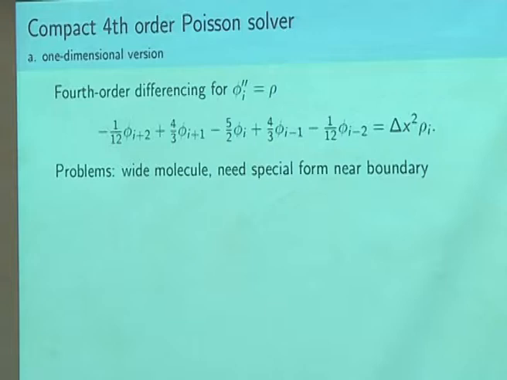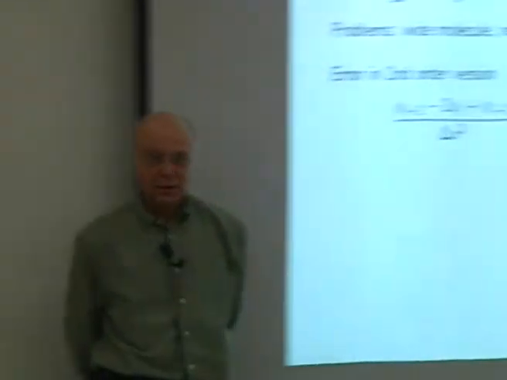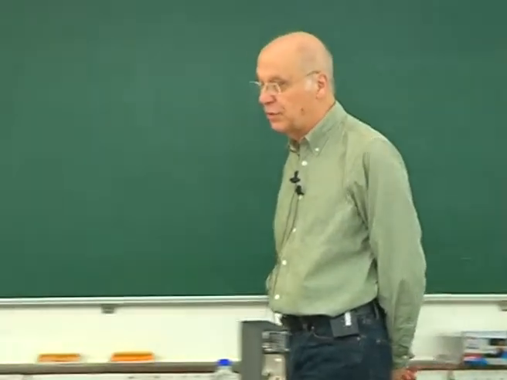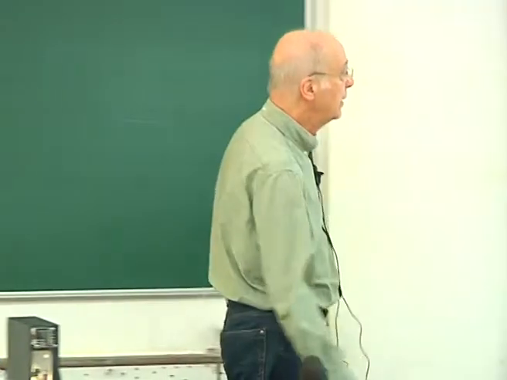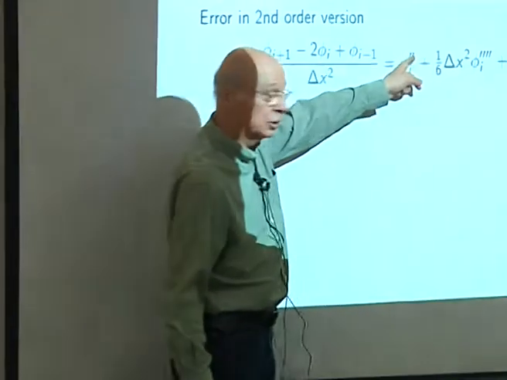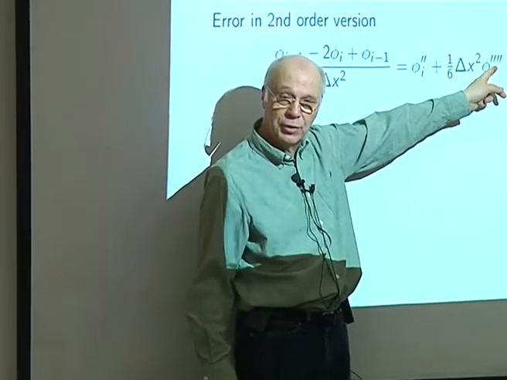So if we think about our normal second derivative finite difference expression, the normal expression for the second derivative in finite differences, what is it? It is the second derivative, and there's a delta x squared error involving the fourth derivative of the function.